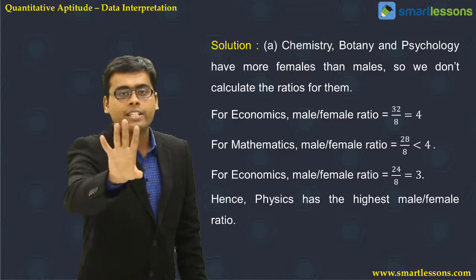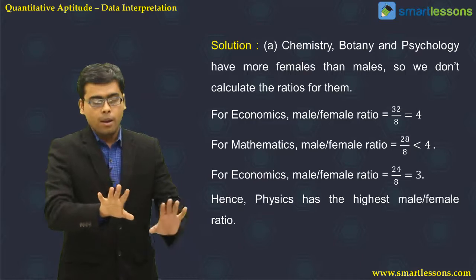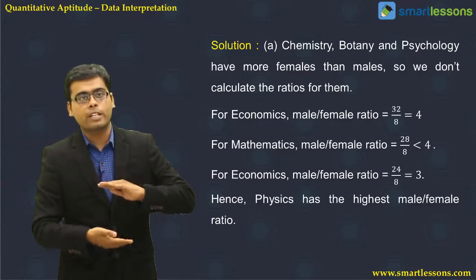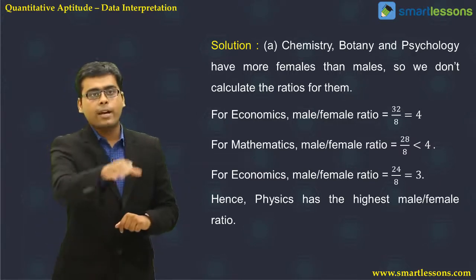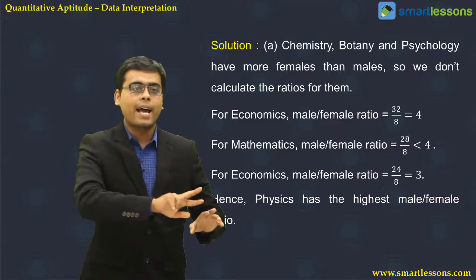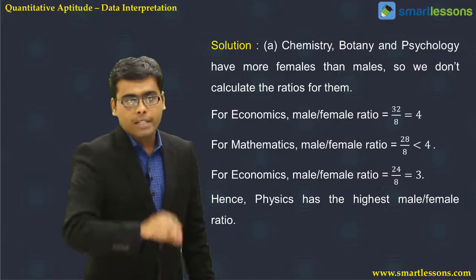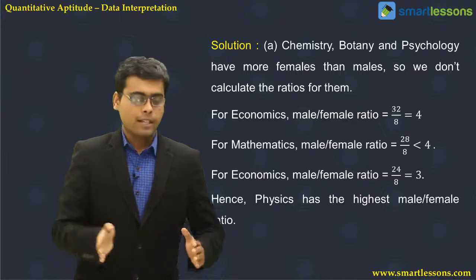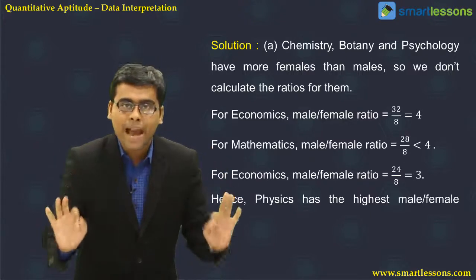The ratio of male and female faculties or professors must be greater when the height difference between these two bars is greater. Now you can see that the height difference between the striped bar and the dotted bar is maximum for physics. So that means for physics the ratio between male professors and female professors must be maximum.